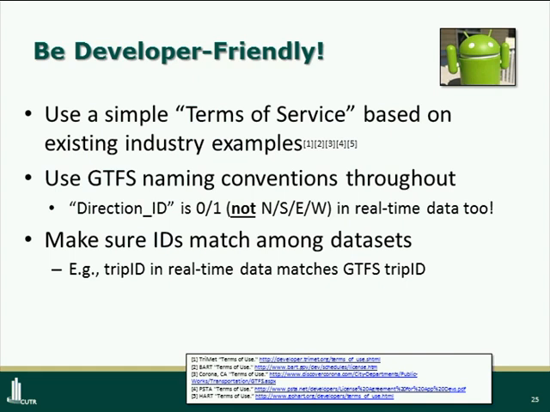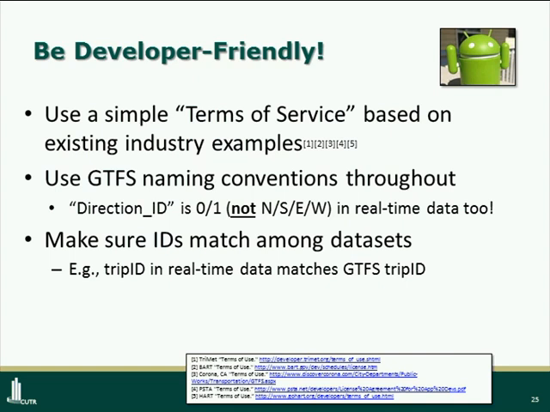So one example that we've seen in the past is there's a direction ID which defines whether a route is inbound or outbound for the GTFS data, and that's defined as either a 0 or a 1. But then if you define direction as north, south, east, or west in another data set, and there's really no clear mapping between the 0s and 1s, the north, south, east, west, it makes it really difficult for developers to figure out how to match your different data sets together to make sure that when you're talking about Route 5 East, which direction are you talking about?